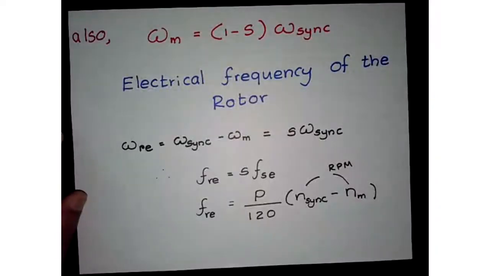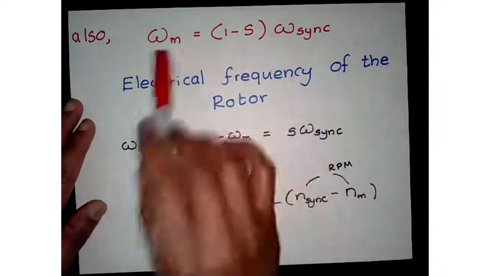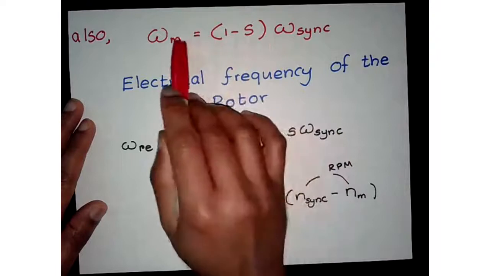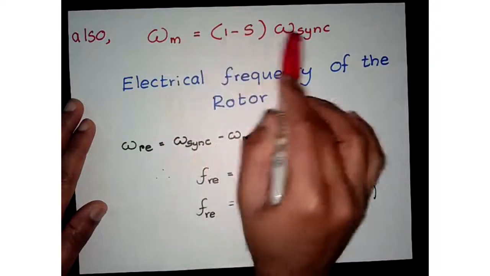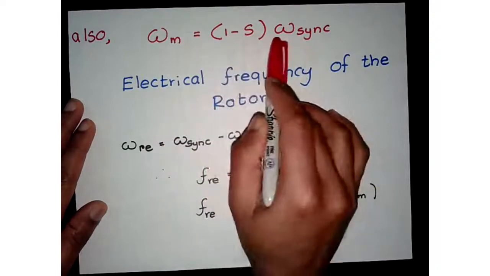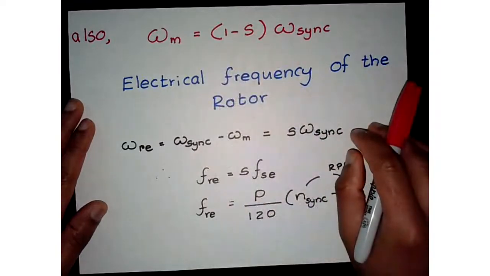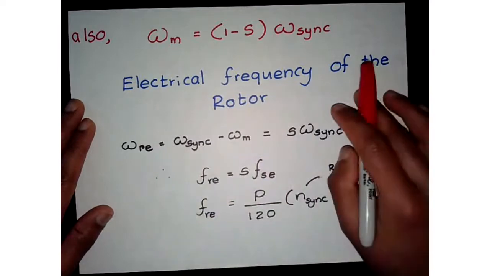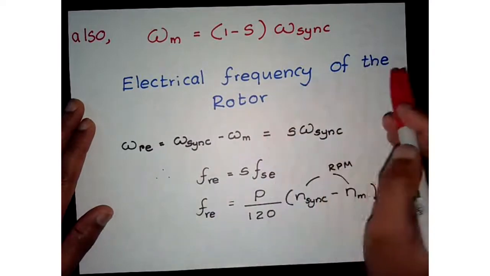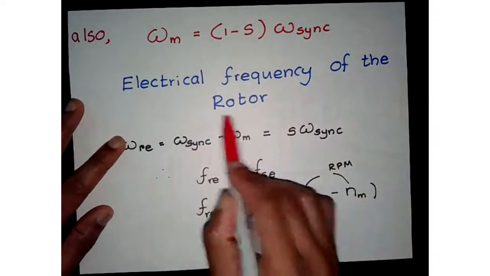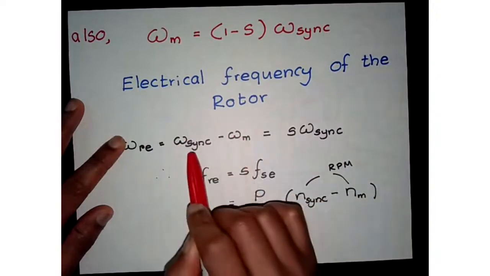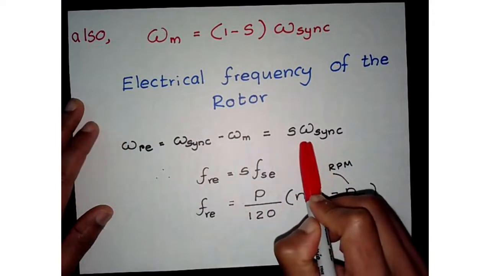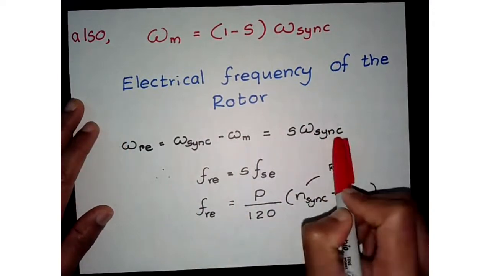Another way to look at the motor speed, based on the slip and the synchronous speed, is just a reformulation of the slip frequency equation. The electrical frequency of the rotor, we talked about this, is basically the slip speed, the difference between the synchronous and the motor speed, which we can write as s times synchronous speed.